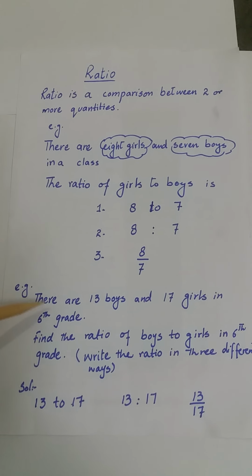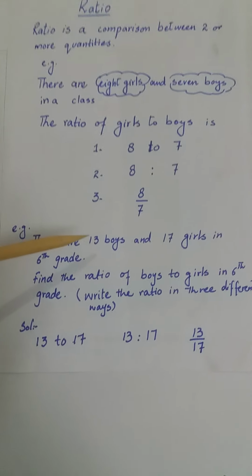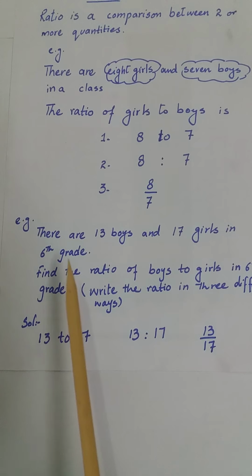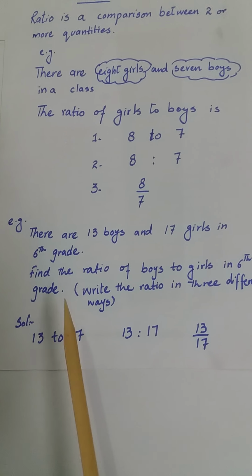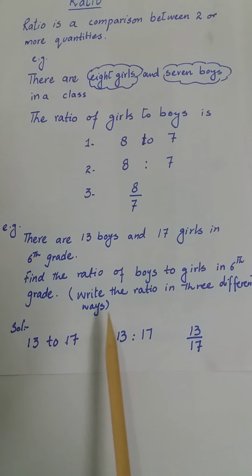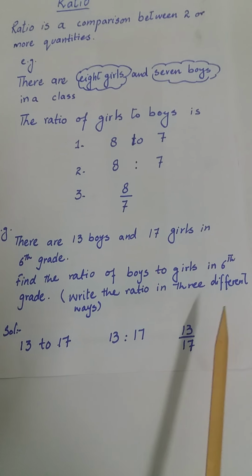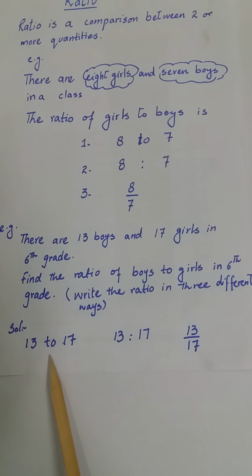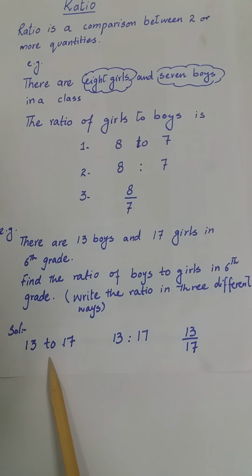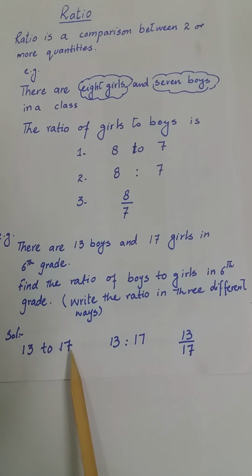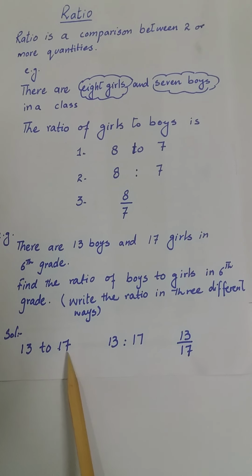For example, there are 13 boys and 17 girls in 6th grade. Find the ratio of the boys to the girls in 6th grade. Write the ratio in 3 different ways. First way, using "to" between two numbers, 13 boys to 17 girls.